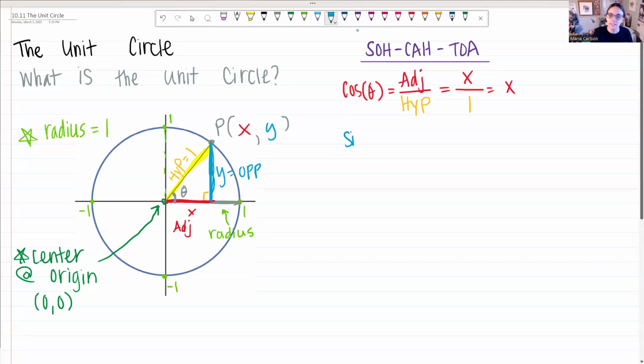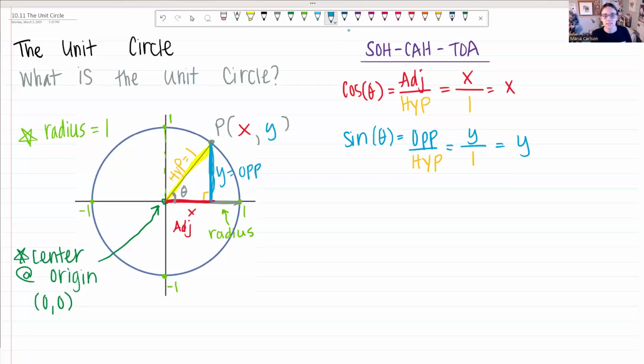The sine of theta is equal to opposite over hypotenuse. So the sine of this angle is equal to the opposite side, which is the height, the vertical distance y, over the hypotenuse, which again is the radius of 1. So the sine of this angle is y.